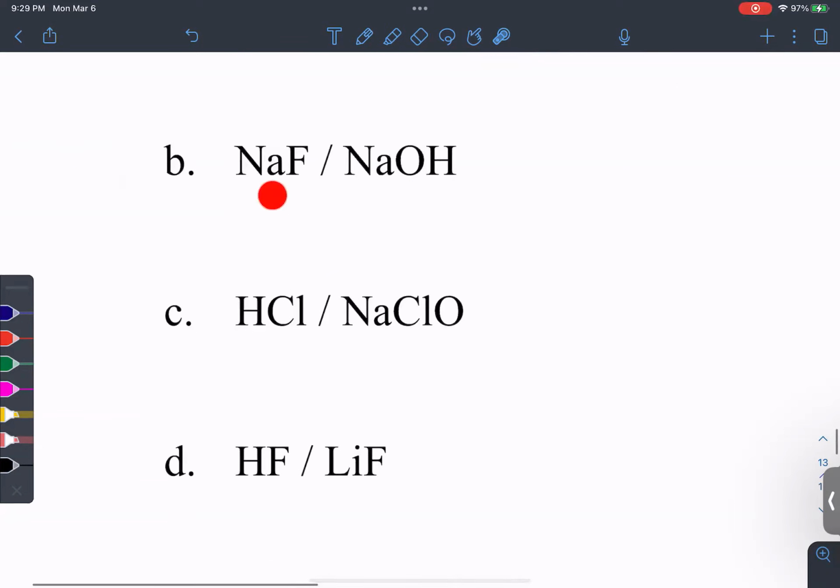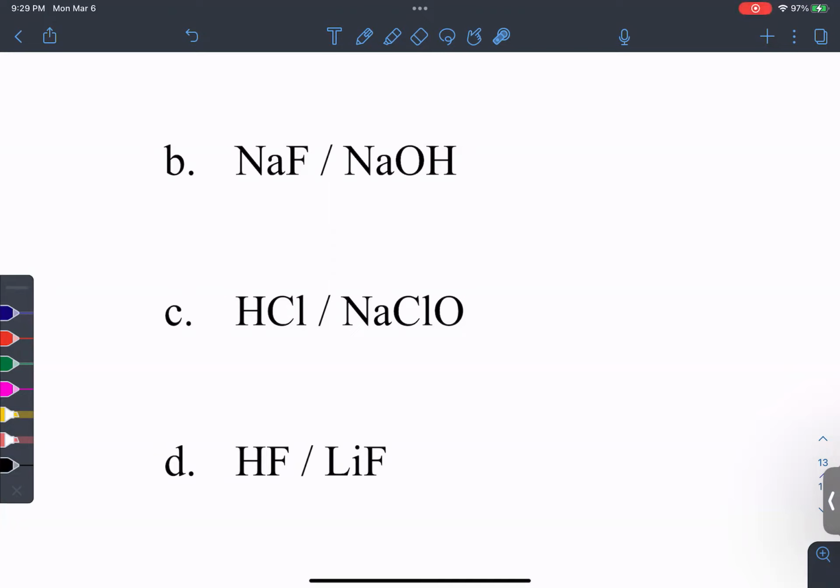All right, NaF and sodium hydroxide. Is that a buffer? No. But let's walk through it. NaF is an acid or a base? It's a base. What kind of base? A weak base. This question is no different than what we did earlier: is it acidic, basic, or neutral?